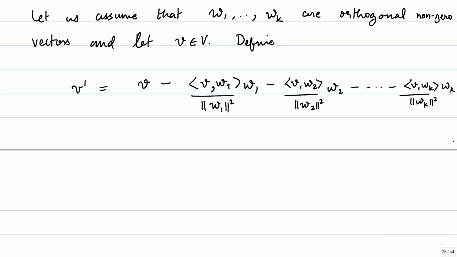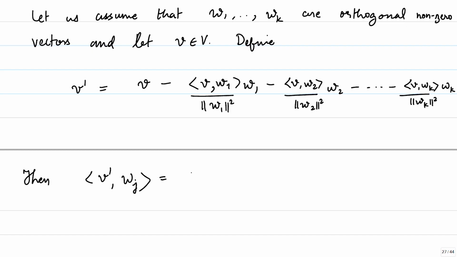So this is again going to tell something similar. Then what is the inner product of V prime with say Wj? If you take the inner product of V prime and Wj, V prime has the expression as given above, and each of the Wj's are orthogonal to each other. W1, W2 up to Wk are a collection of orthogonal vectors.